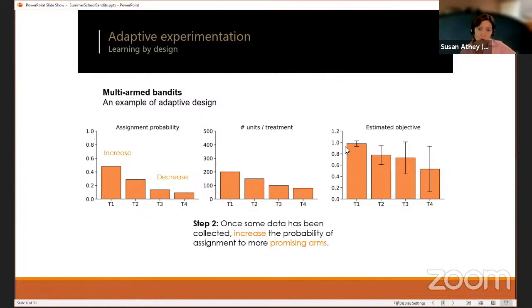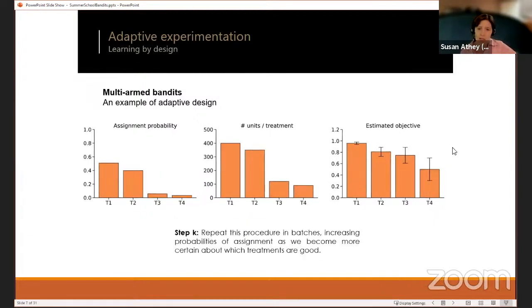And so you can see over on the right, for the good arm, now that it's gotten lots more observations, it has a tight confidence interval around its value, while the bad arms have less data associated with them and wider confidence intervals. You keep repeating this over and over again until at the end of the experiment, we've been loading up quite a bit of data on the top arm.